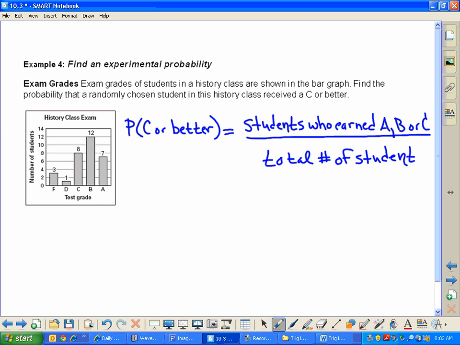And like I said, it's called experimental probability because you're looking at some sort of collected data, an experiment that was done. In this case, it's not necessarily an experiment, some tests were given.